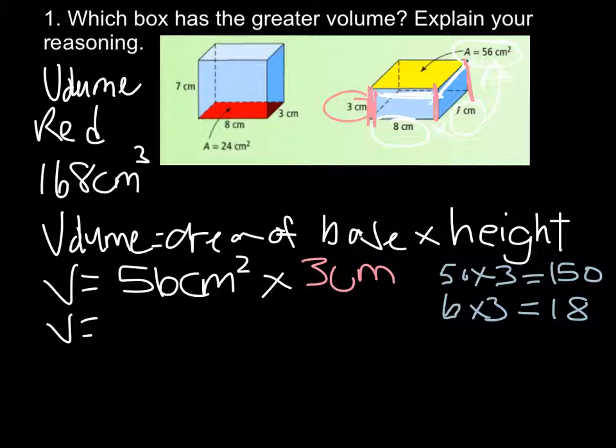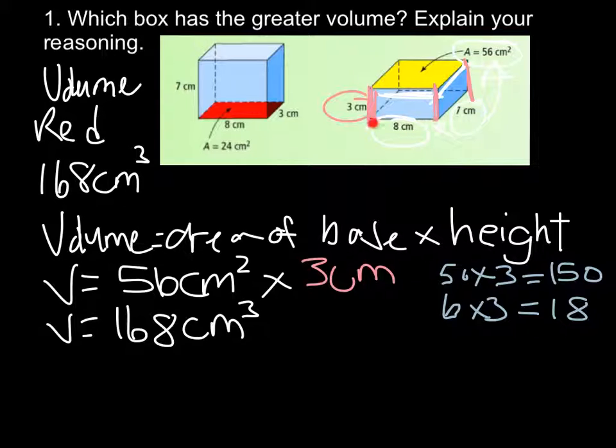So, oh, look at that. The volume of this prism is also 168 centimeters cubed. Why do you think so? Well, I just noticed something. If we multiply 3 times 8, then times 7, does that really matter if we go 3 times 8 times 7, or 7 times 3 times 8?